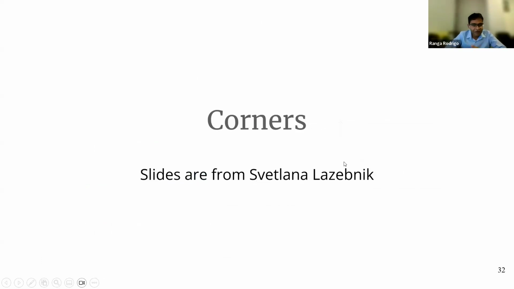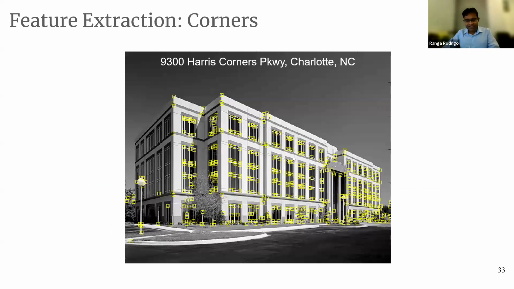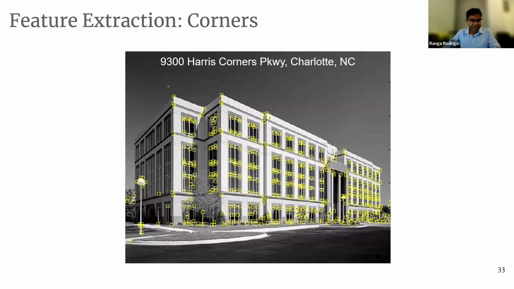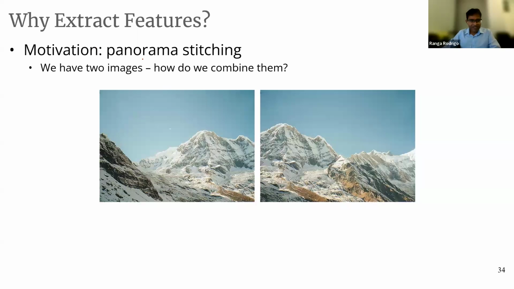Okay, now let's look at how to detect corners. Edges we now know. Now let's understand how to detect corners. These are the corners, as you can see here in this image. Corners have been identified using these little markers. These corners have extremely important usages like panorama stitching and so on.